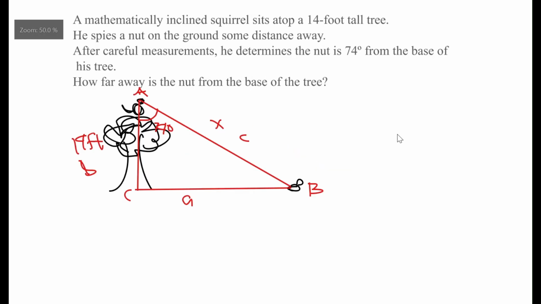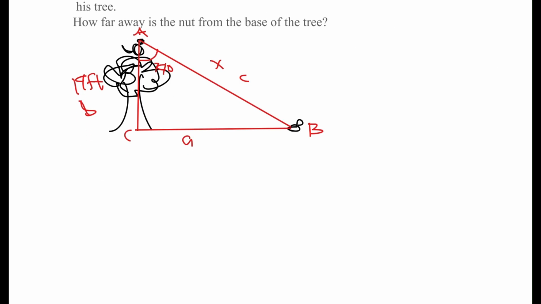Our hypotenuse is unknown, but our adjacent is present. So what will we use? We can use CAH in SOHCAHTOA, wherein cos is equal to adjacent over the hypotenuse.